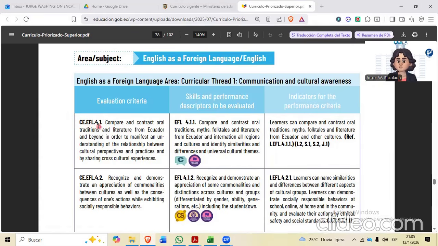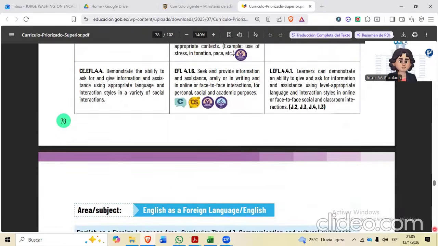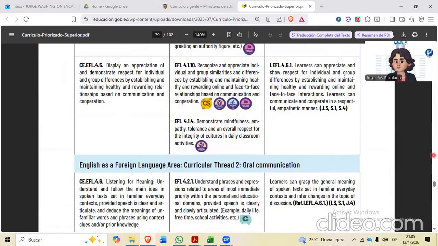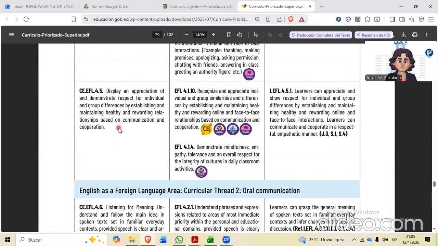And here we have the 4, which stands for the level, which in this case is superior. And then we have the number, which is actually the order of the evaluation criteria.